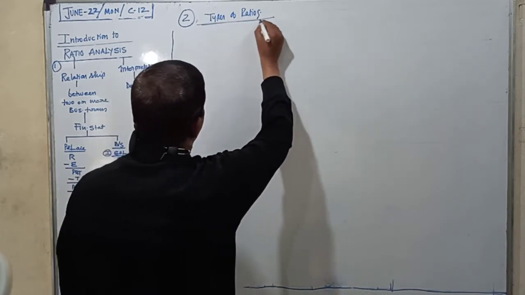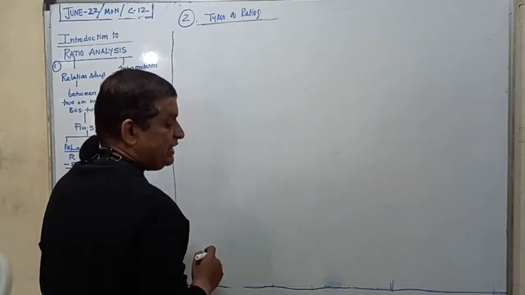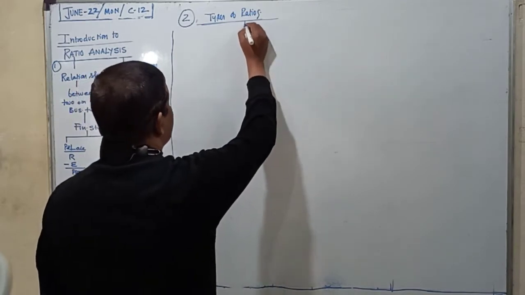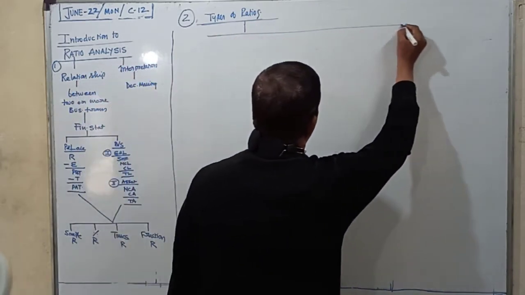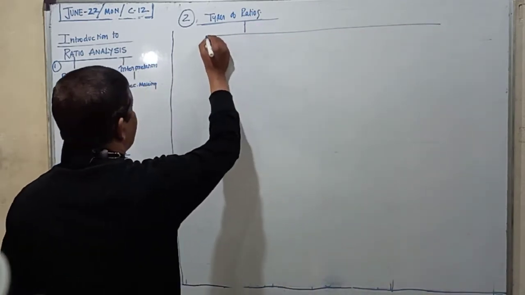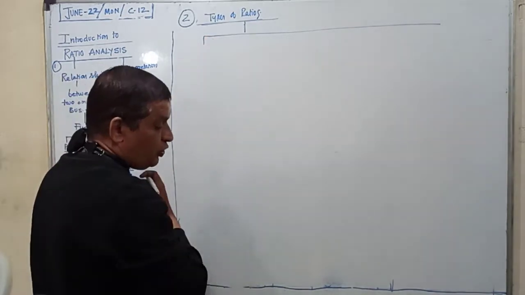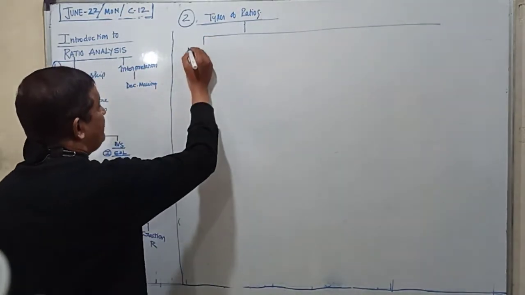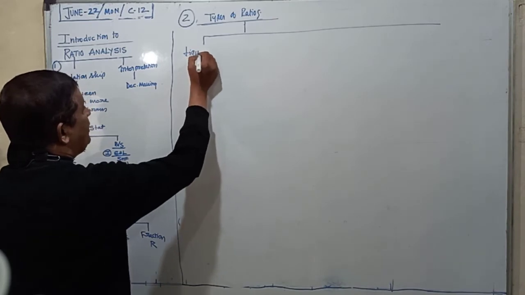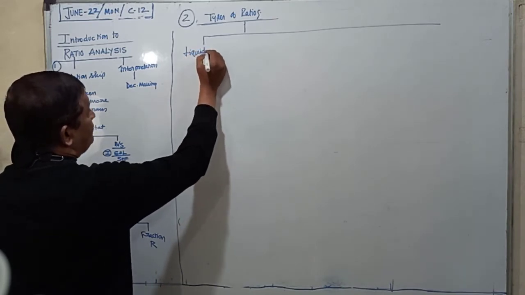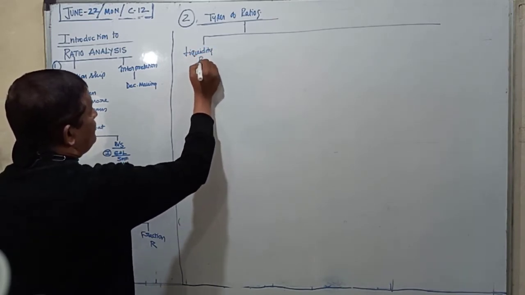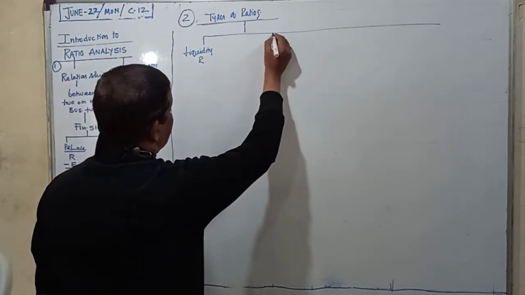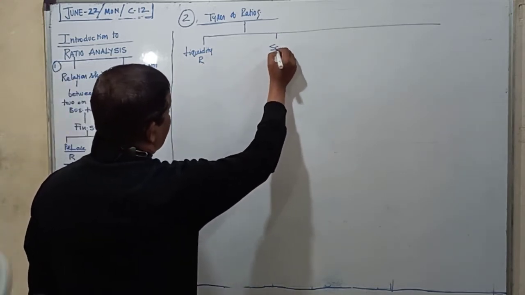For the sake of convenience and easy understanding, all the ratios that we study in this chapter for our syllabus are categorized into 4 categories. The first category is liquidity ratio. The next category is solvency ratio.